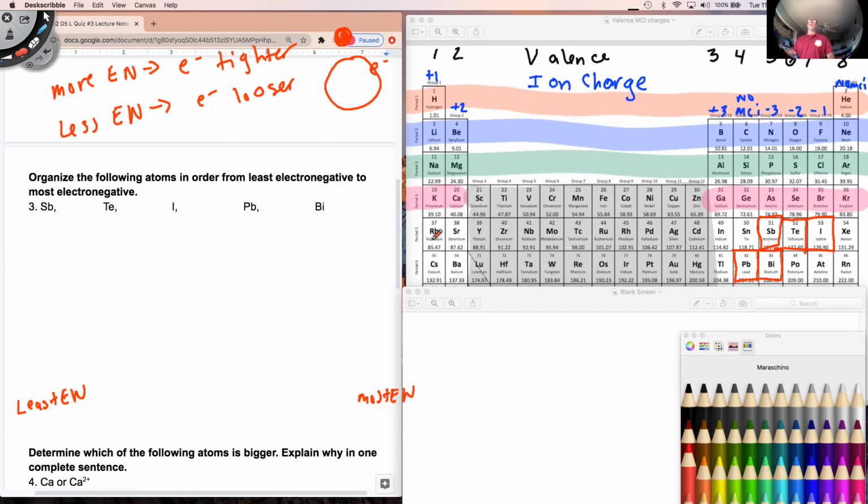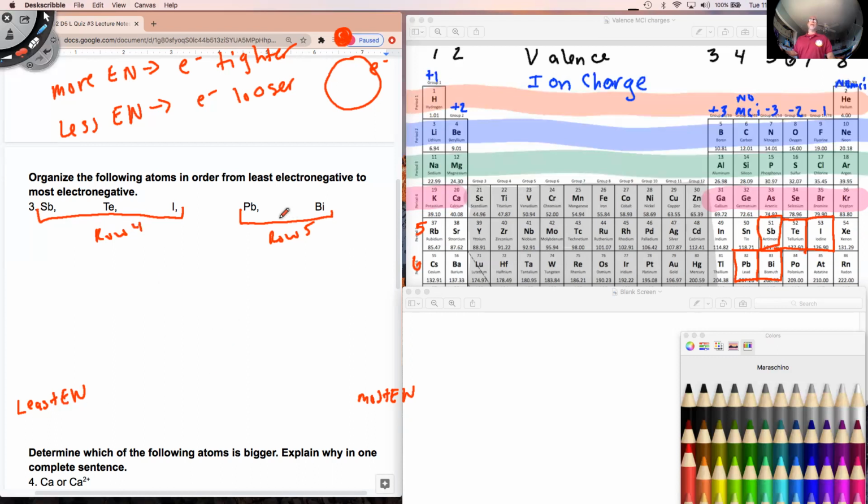Now, you can take a look at this one. This one's on row 5, and this one's on row 6. So right away, we can take these 2 right here and say, well, these are row 6, and they're going to be much bigger, which means the electrons can't hold on as tightly. And then these are going to be row 5, and since those are on row 5, they'll be able to hold on to the electrons a little bit better.